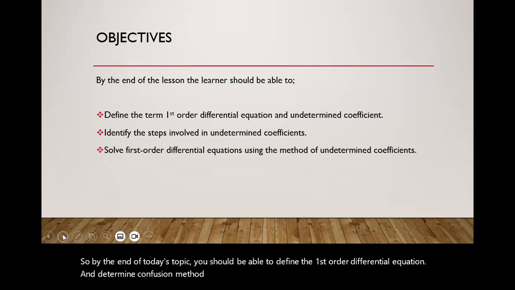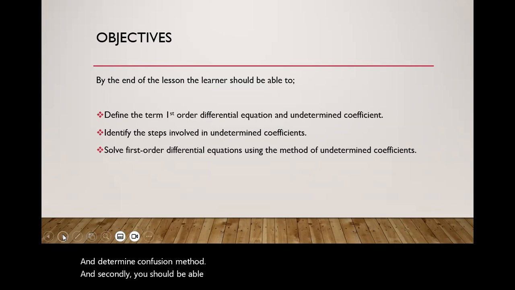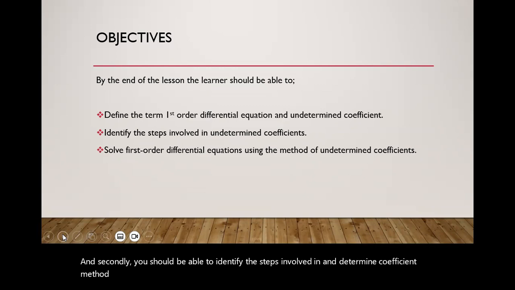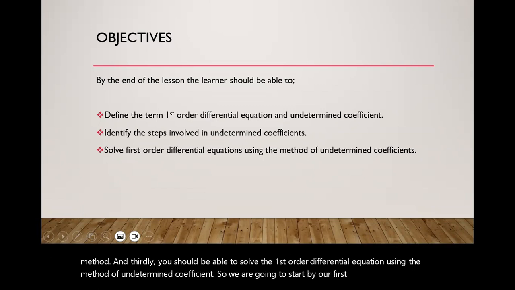Secondly, you should be able to identify the steps involved in the undetermined coefficient method. And thirdly, you should be able to solve the first order differential equation using the method of undetermined coefficient. So we are going to start with our first objective, that is the definition.